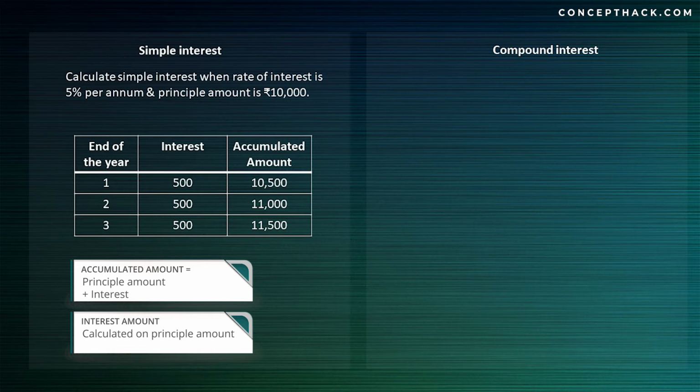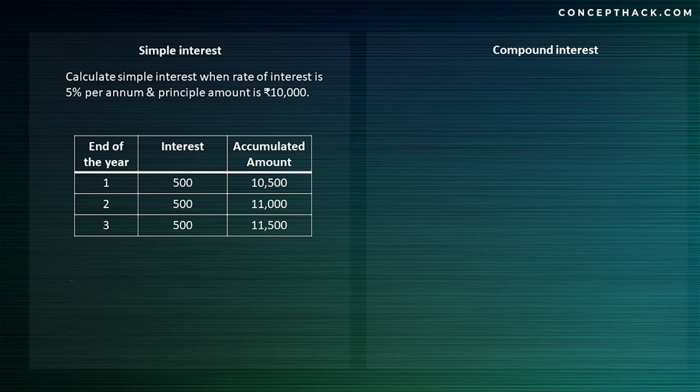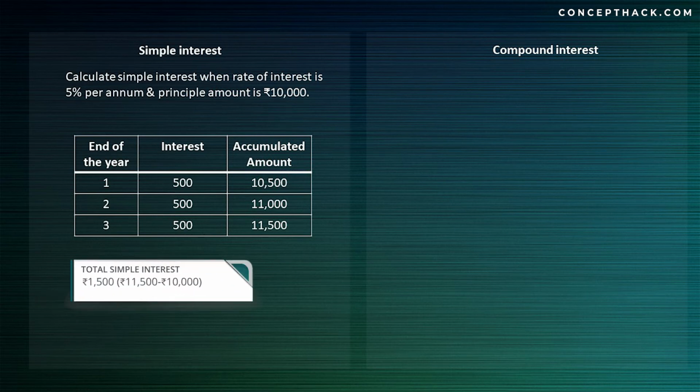At the end of third year, our interest will be again 500, which is 10,000 into 5%, whereas our accumulated amount will be 11,500, that is principal amount plus interest of first year plus interest of second year plus interest of third year. Therefore, simple interest for 3 years will be rupees 1,500, that is accumulated amount at the end of third year, that is 11,500 rupees, minus principal amount, that is 10,000 rupees.